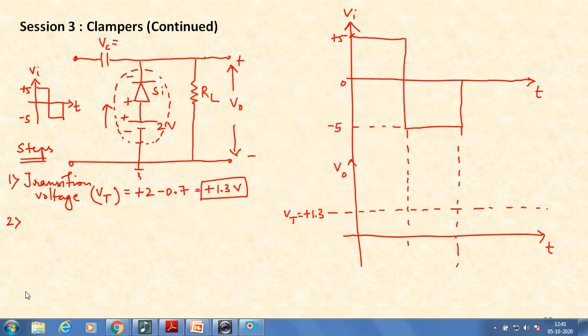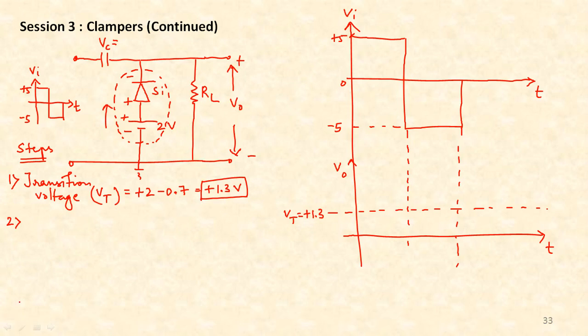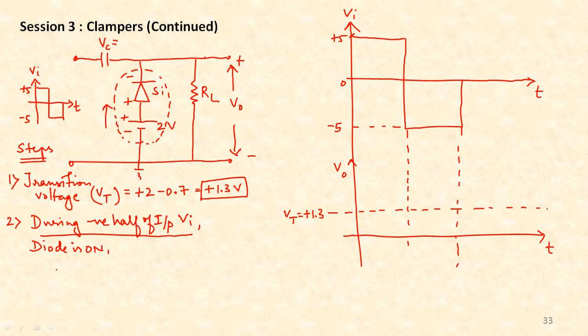During the negative half of input Vi, the diode is on. So when the diode is on, let us apply KVL.